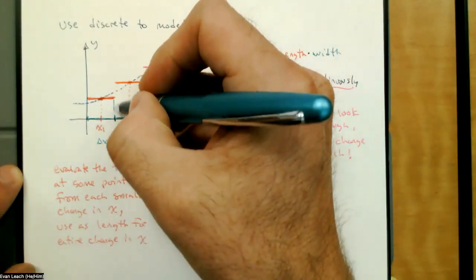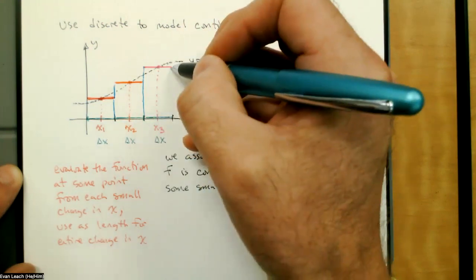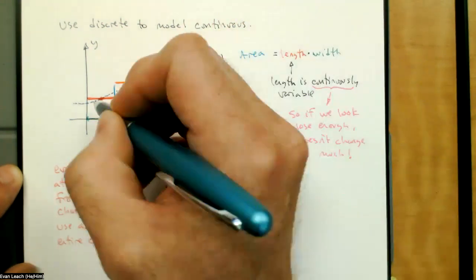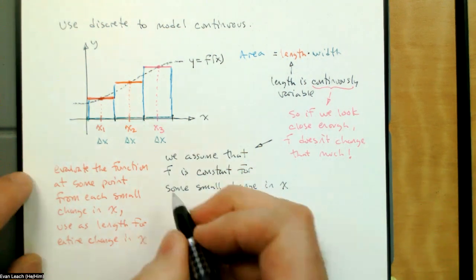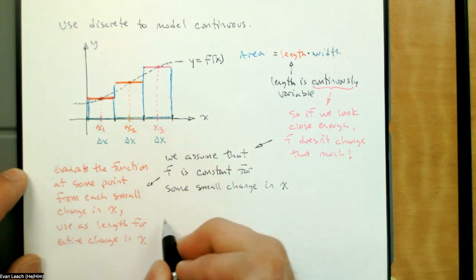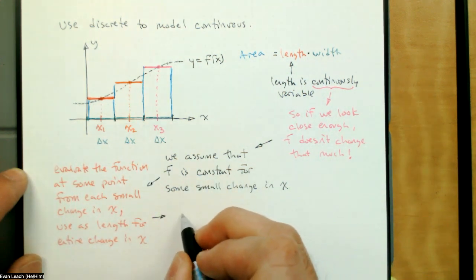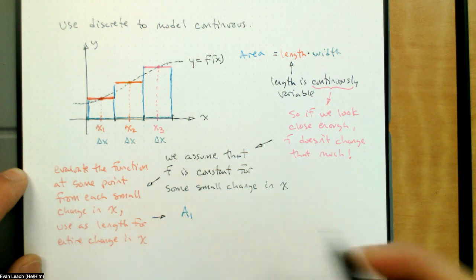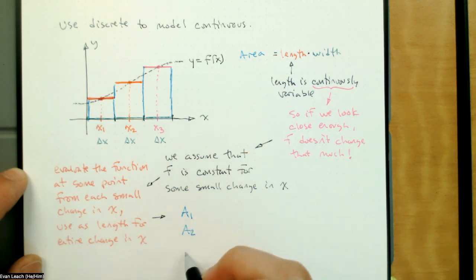Now we just calculate one area here, and another area here, and a third area here. Now it's 3 rectangles. Now I've got these 3 rectangles, area 1, area 2, and area 3.